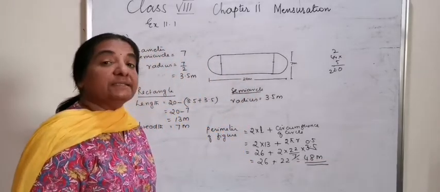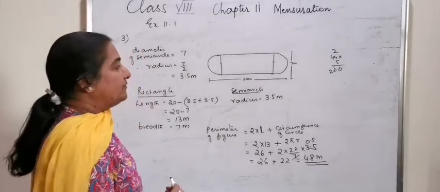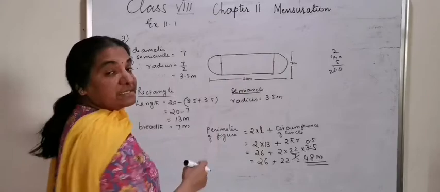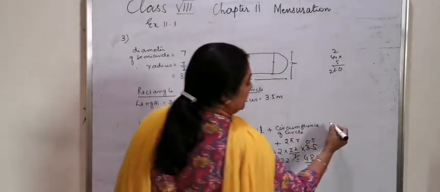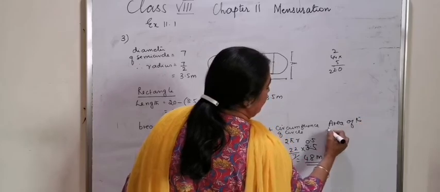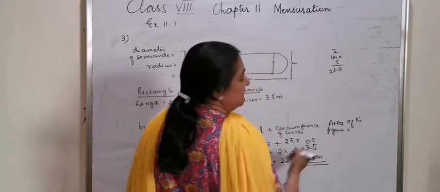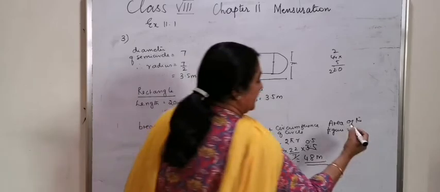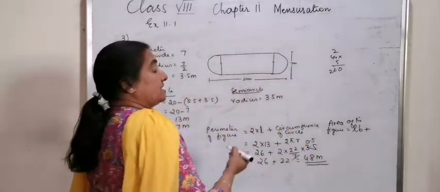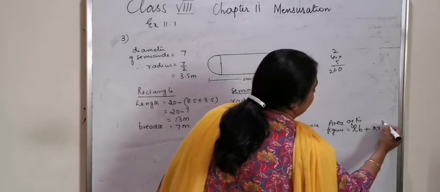How do you find the area of this figure? The area of the figure is area of rectangle plus area of one circle. So area of the figure is equal to, what is area of the rectangle? It is LB plus area of a circle is pi r square.